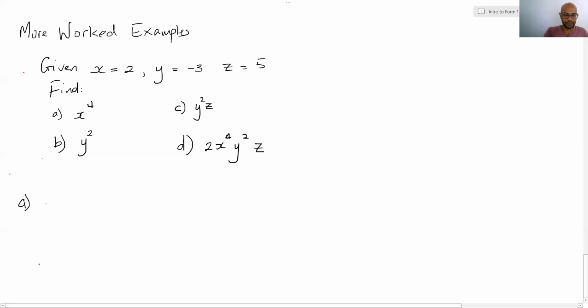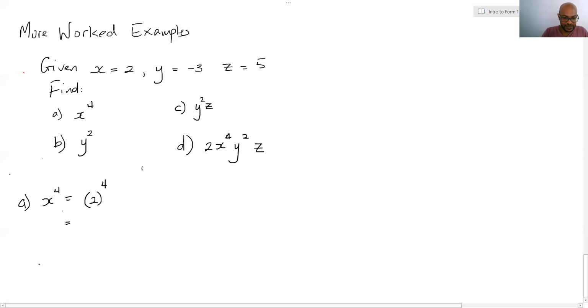So again, with substitution, you are ideally replacing the letter with the numeral or the number value that they have given you for that particular letter. In this case, x is 2, so wherever I see x, I'm replacing it with a 2. From our lesson on multiplication, we know x to the power of 4 means you're multiplying x by itself 4 times.